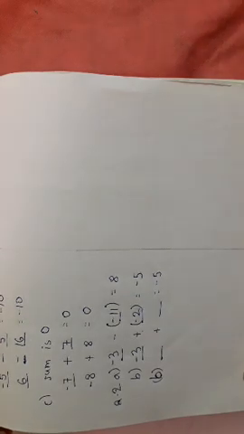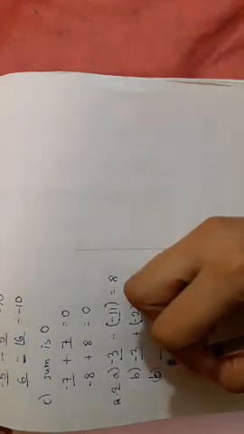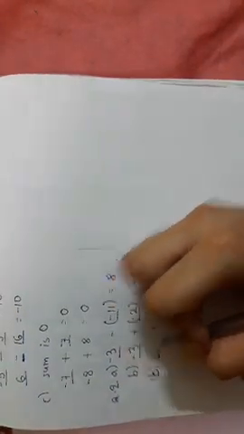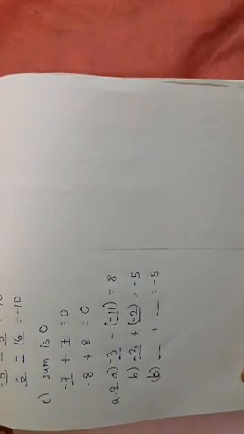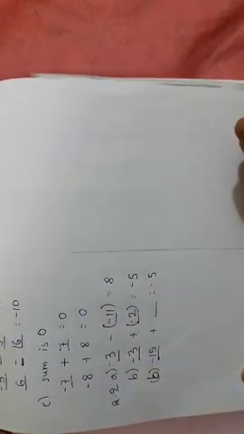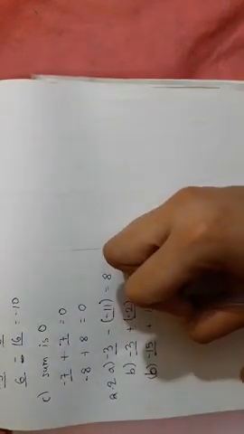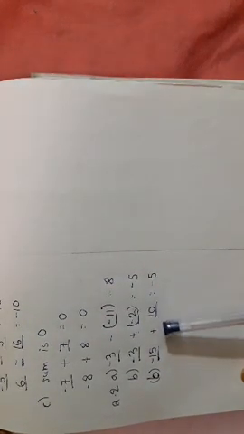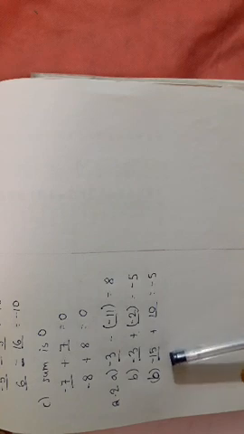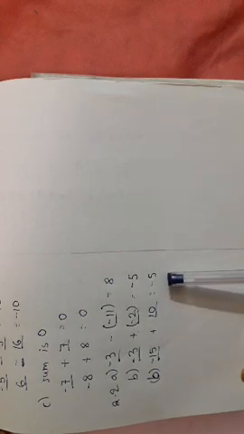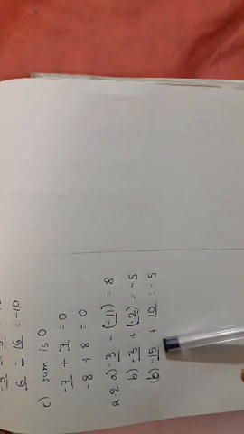If I consider a negative number minus 15, the other number will be plus 10, because minus 15 plus 10 is equal to, minus plus is minus, that is 15 minus 10 will be 5, but the sign will be negative because the greater number is having negative sign.